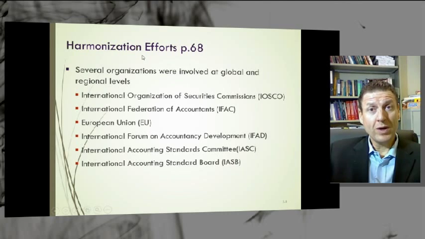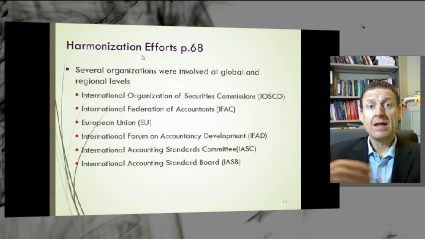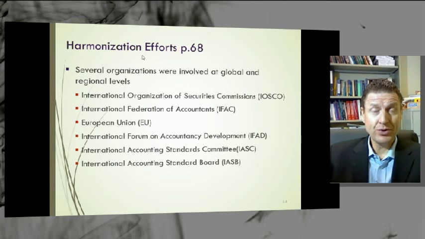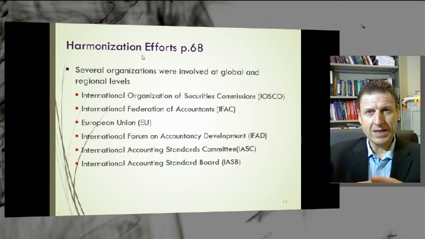So what organizations were involved in harmonization efforts over the last 1 or 2 decades? There was the International Organization of Securities Commissions, International Federation of Accountants, European Union. Actually, the European Union, when they formed over 2 decades ago, basically became a catalyst for having some kind of global international accounting standard.